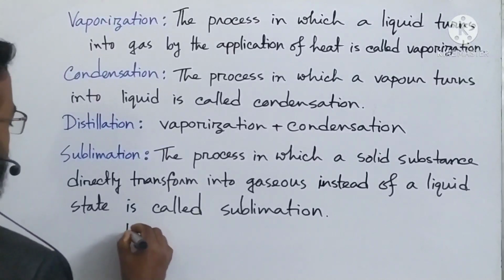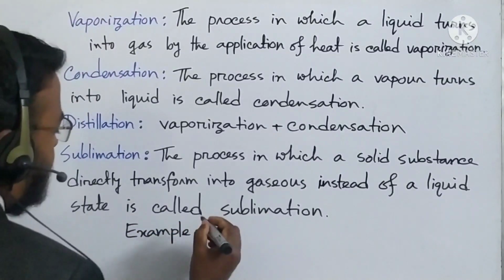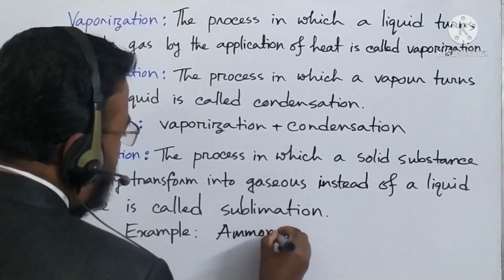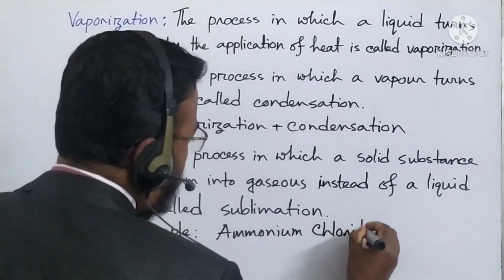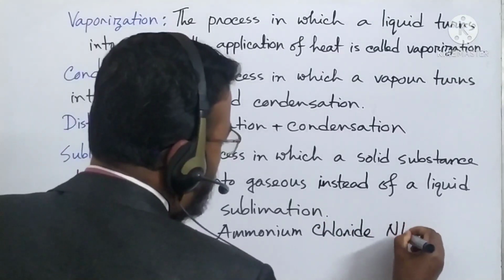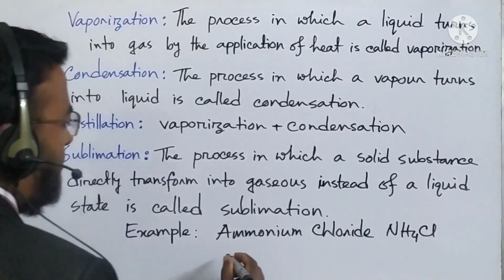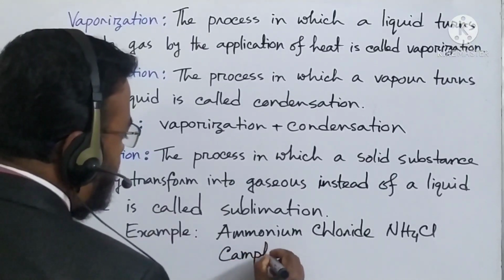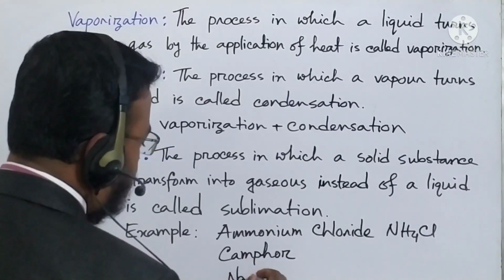Here we can give some examples of sublime substances. This is ammonium chloride, NH4Cl, then camphor, then naphthalene.